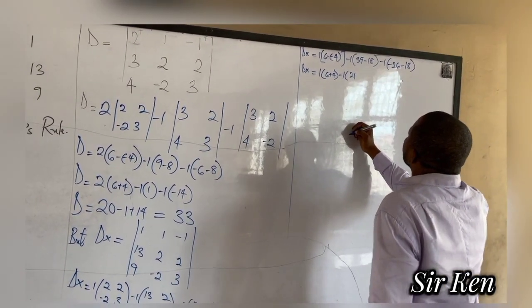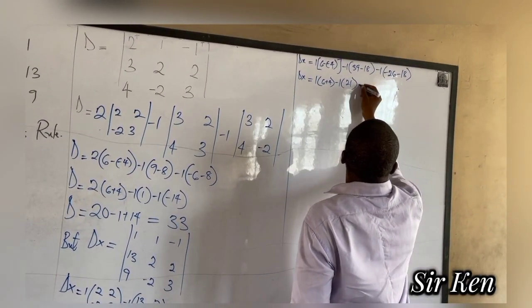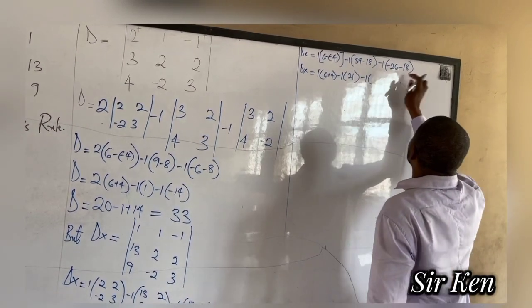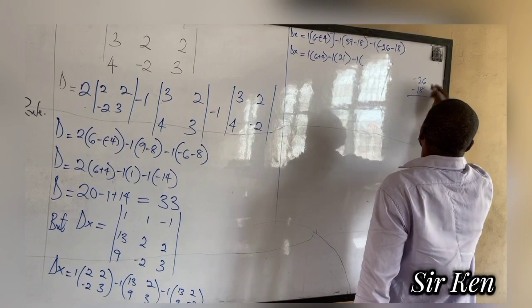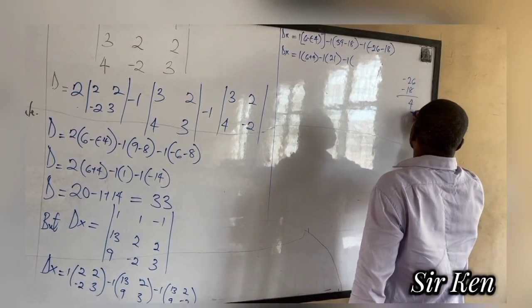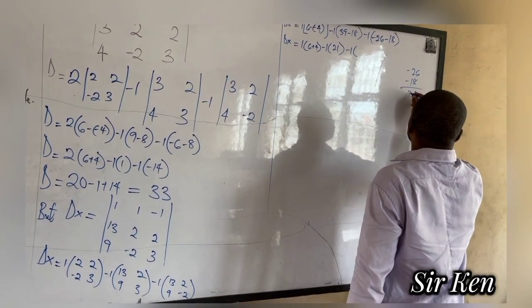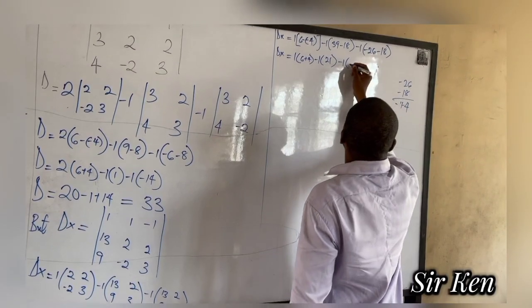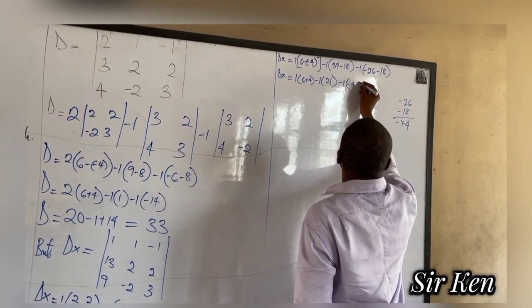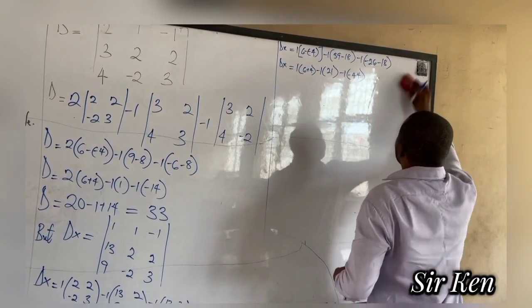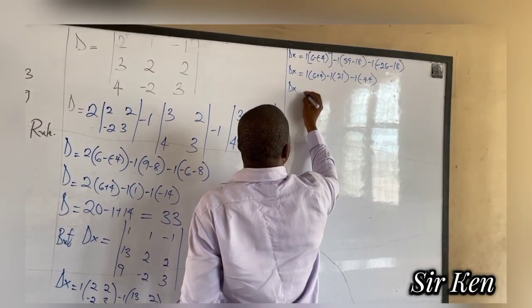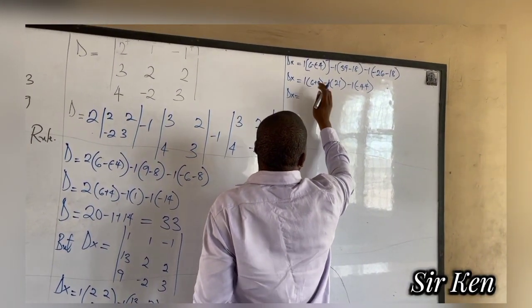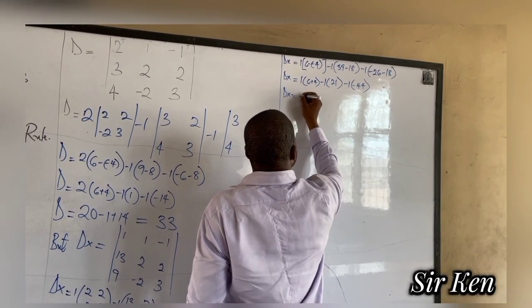Then minus 1 into minus 26 minus 18, this gives me minus 44, minus 4. So coming down here, I have dx equals 6 plus 4, 10. 10 times 1 is 10.